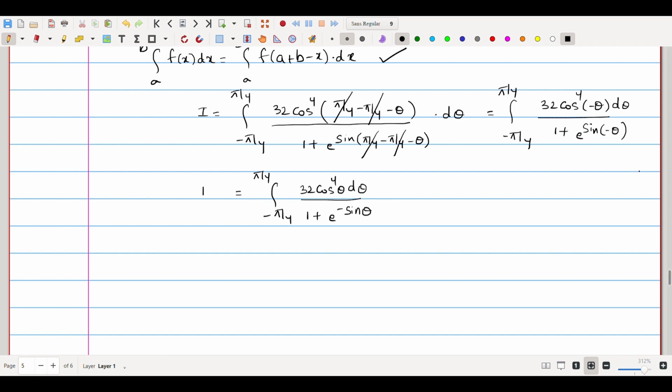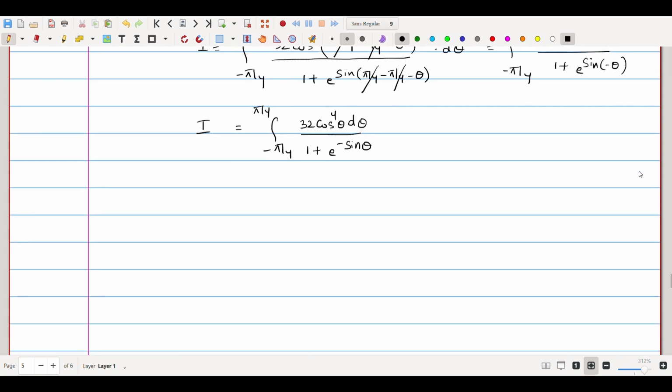So this is nothing but I. Previously we assumed I as the integral from minus pi by 4 to pi by 4 of 32 cos^4 theta d theta by 1 plus e^sin theta.